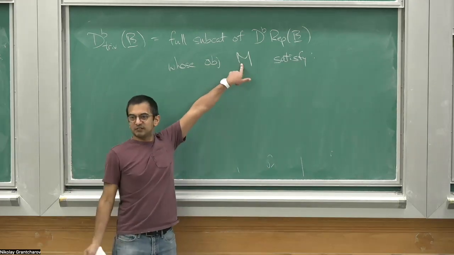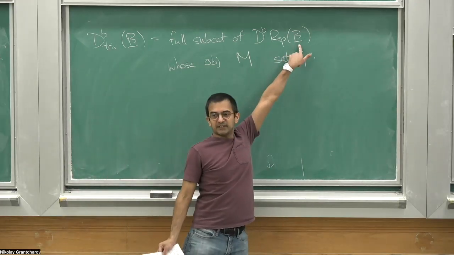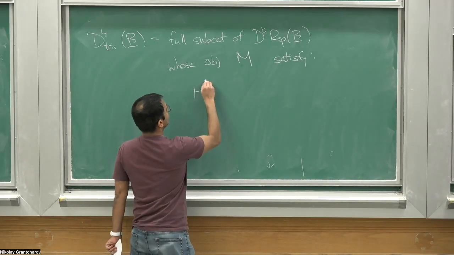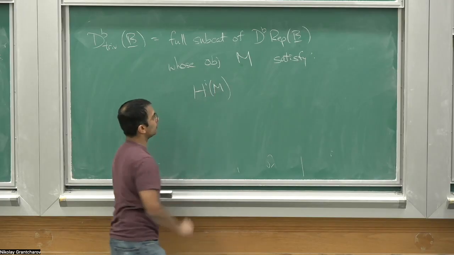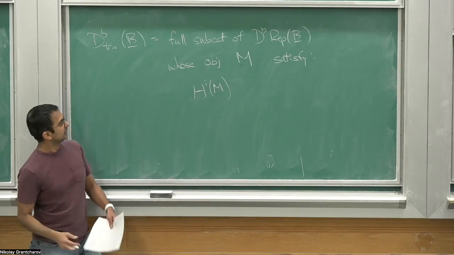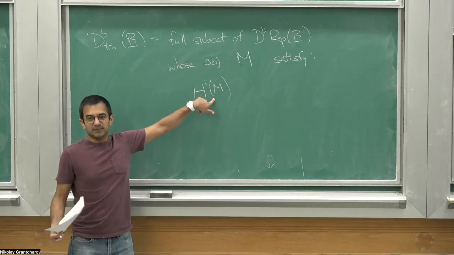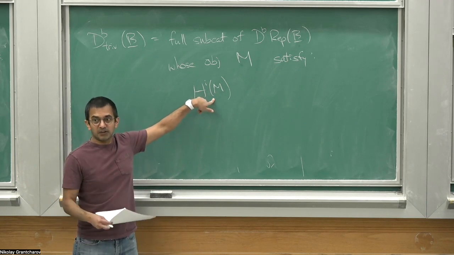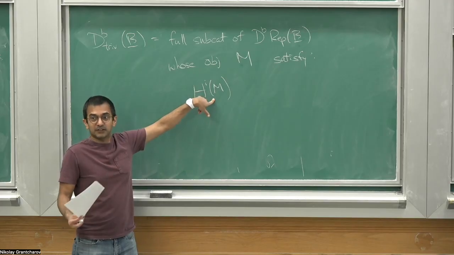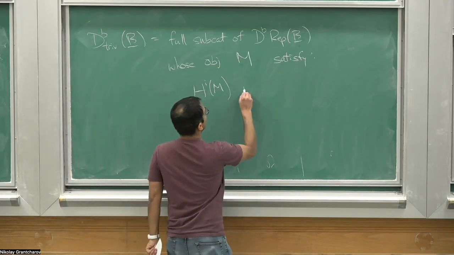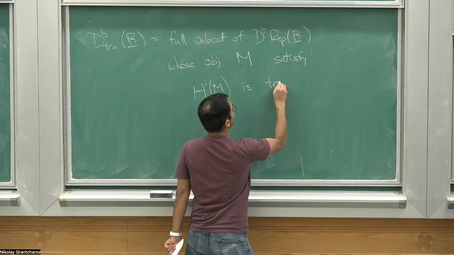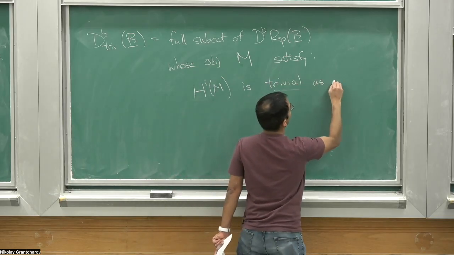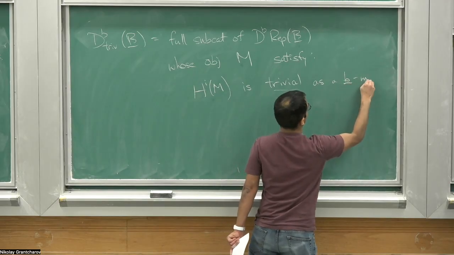Here M is a chain complex of B underline representations. And what I want to require is that when I take the homology modules of this chain complex, each of these is a B underline representation, and I could restrict it to the smaller group or Hopf algebra called lowercase b. It is trivial as a lowercase b module.